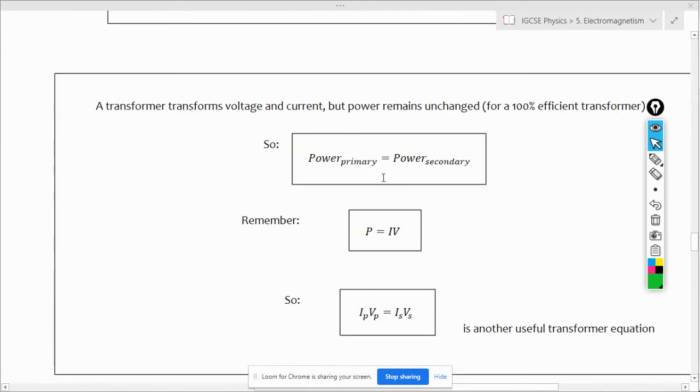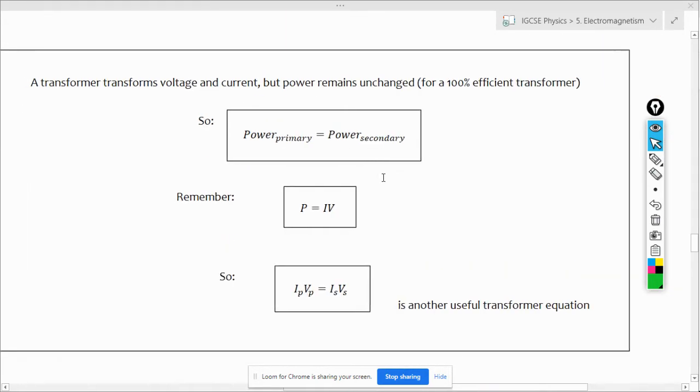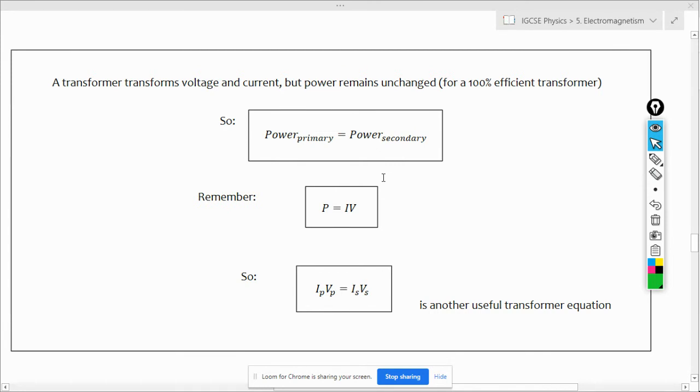Okay, so this is just what we've already said before. Power remains the same. That means power on the primary is going to be equal to the power on your secondary. And we know that to calculate power, power is equal to current times voltage. So this just means that the current times voltage on your primary is equal to the current times voltage on your secondary.